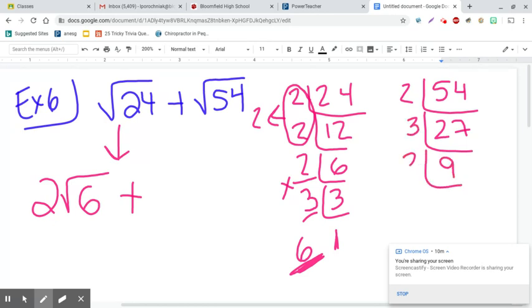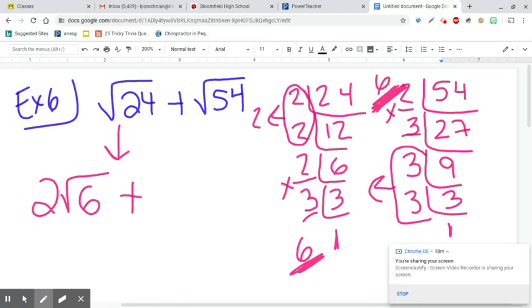Put another 3. 9 divided by 3 gives me 3. The only thing that goes into 3 is 3 because it's prime. So this is my match that comes out. And this stays inside. 2 times 3 is 6, so a 6 is staying in. So this becomes, we took out a 3, so 3 radical, what stayed in? That 2 and that 3, which we multiplied to be a 6.